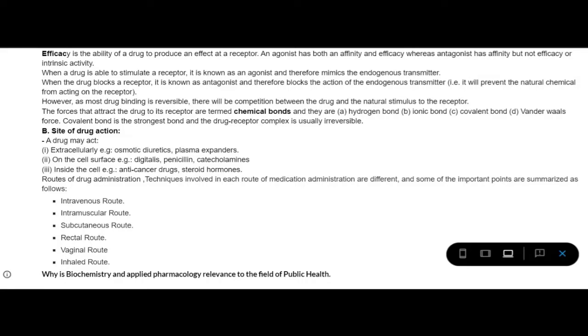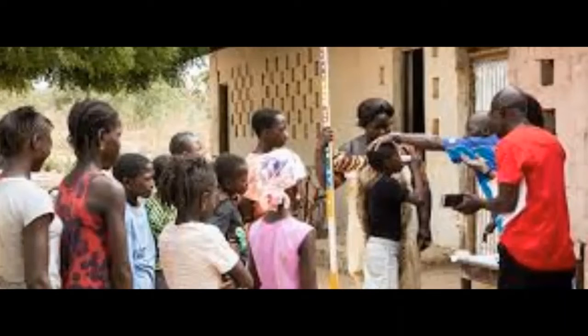Also, let's have a look at efficacy. Efficacy is the ability of a drug to produce an effect at a receptor. That is it. Let's continue and have an overview of how the drugs are administered. Those are the routes of drugs and the sites of drugs.